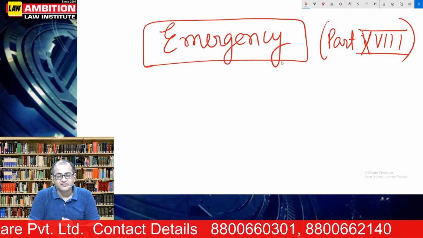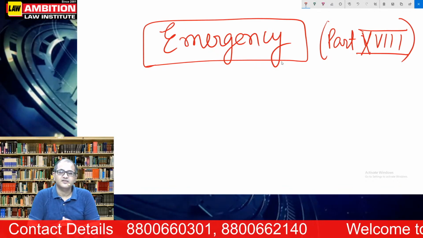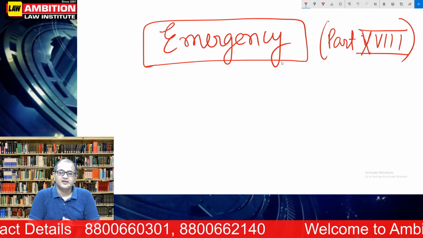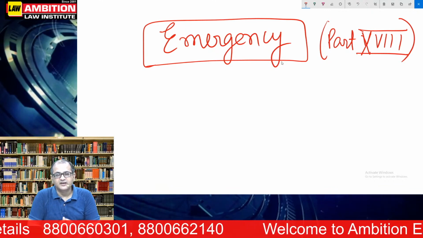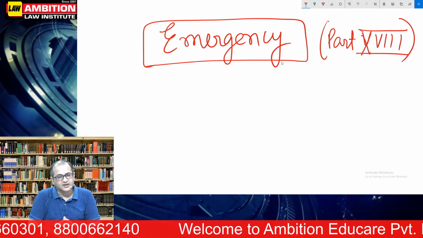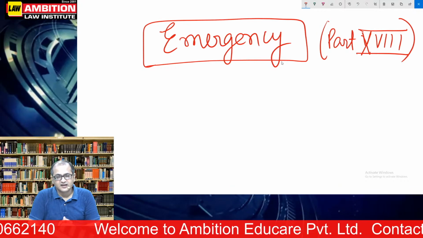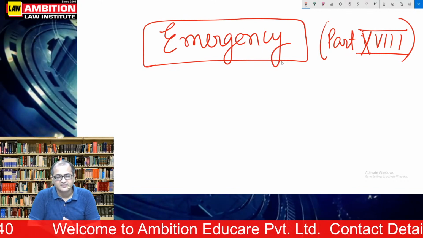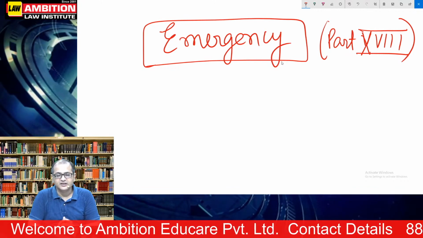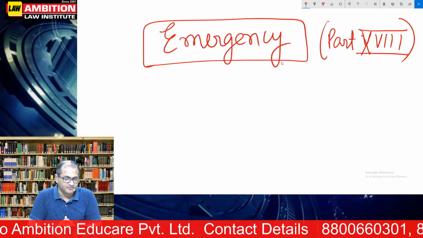And this is what is reflected in Part 18. E for emergency, E for 18. This is exactly the 18th part of the Constitution where emergency is provided, prescribed. All right.